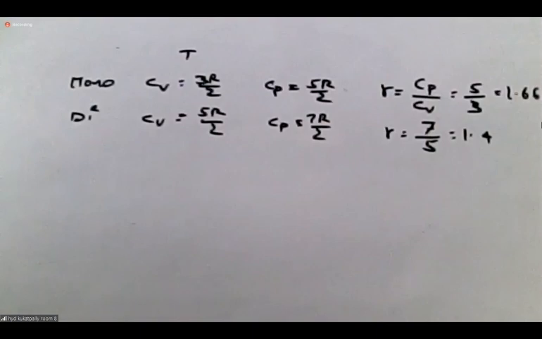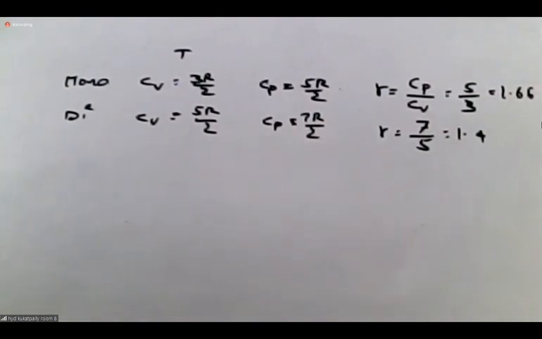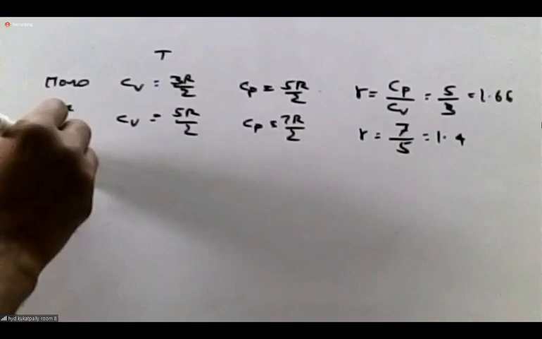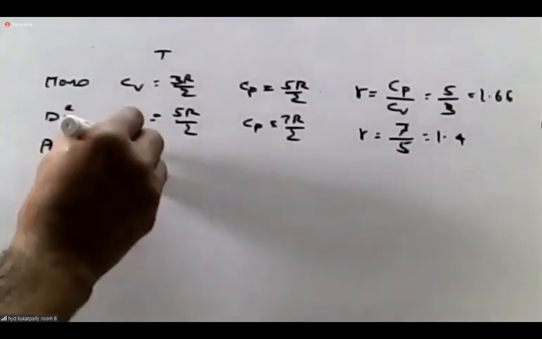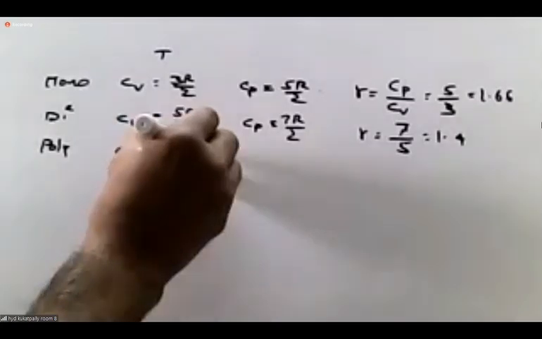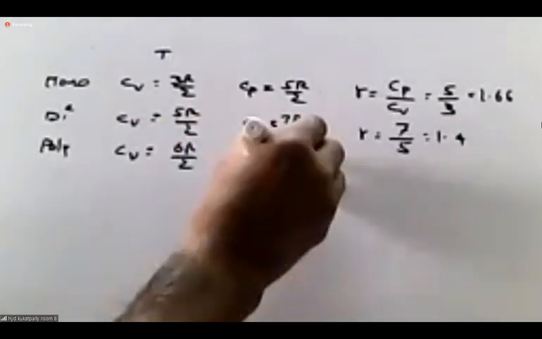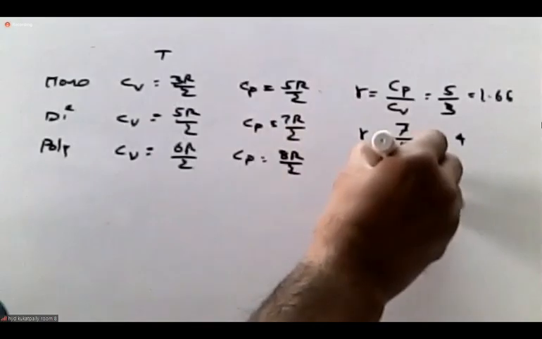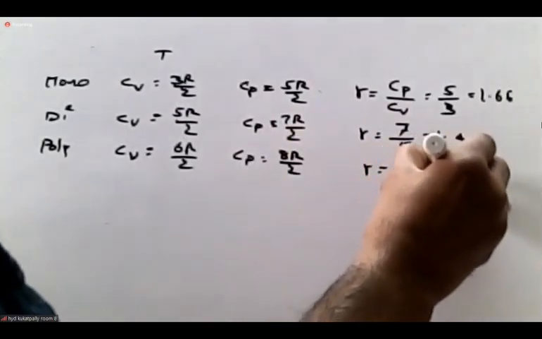Air is diatomic, nitrogen, oxygen basically. Polyatomic gas has 6 degrees of freedom, Cv is 6R by 2, so Cp plus R is 8R by 2. So gamma is 4 by 3, 1.33.